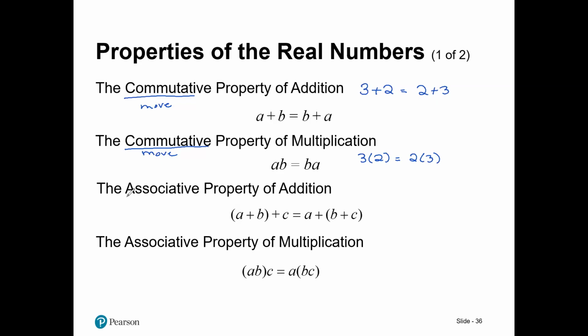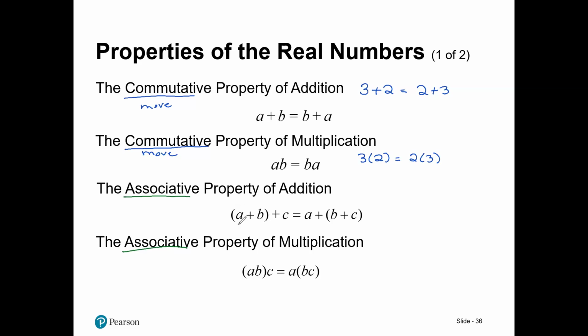I always think associative property is like who you're talking to, like who you associate with. So associative property of addition, A plus B could be associating, and then we'd add C in later. Or we have B plus C associating first.